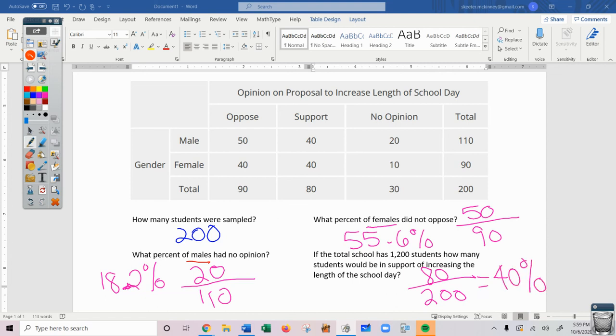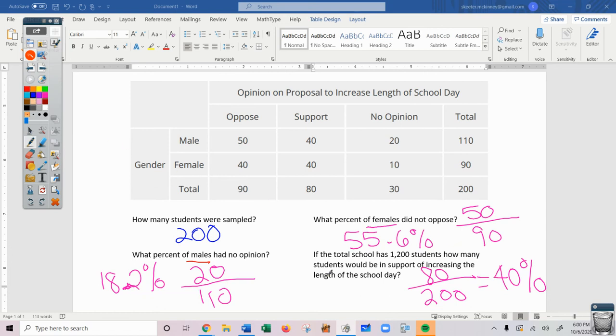But now I don't want to stop at that percent. I want to take that 40% and apply it to the entire school of 1,200 students. So how many students do you think, knowing this information, will be in support of increasing the length of the school day? Well, we should have taken the 1,200 students and multiplied it times 40%.